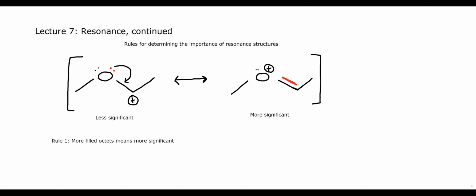So in actuality, when this molecule exists, these red electrons are a little bit more favored, based on rule number 1, in this pi bond area, right? They can still be up in the lone pair area, but based on these resonance structures, this structure on the right is a more accurate representation of the electronics of the system.